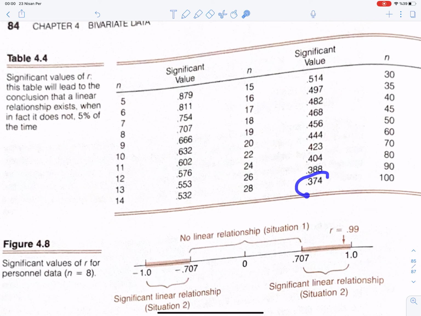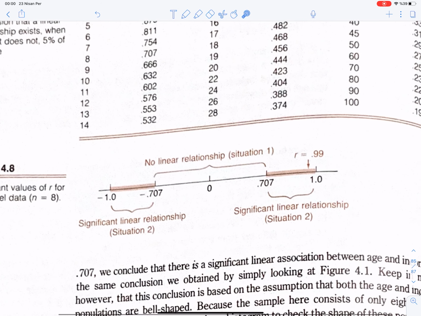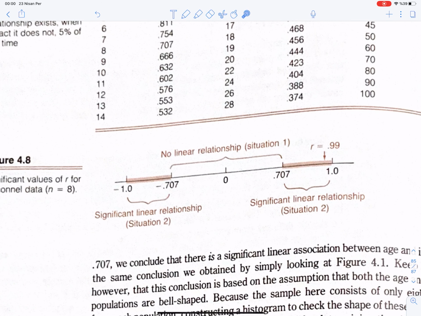Look at that. This is a strong relationship. 0.374, the sample size is 100. But I will consider this to be very significant. I wouldn't treat this to be a weak relationship. So this is the range given for a strong relationship and a reverse relationship, and this is a strong positive relationship.